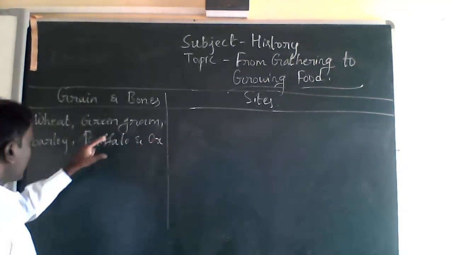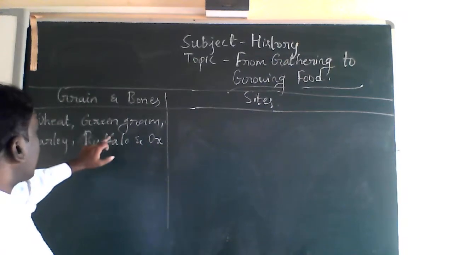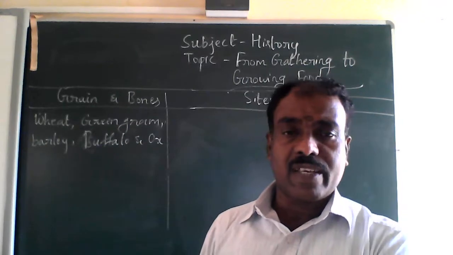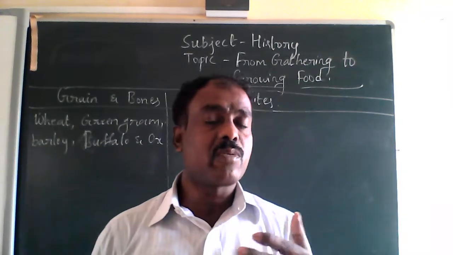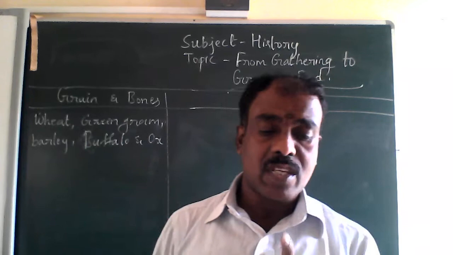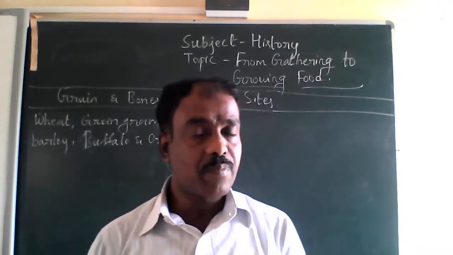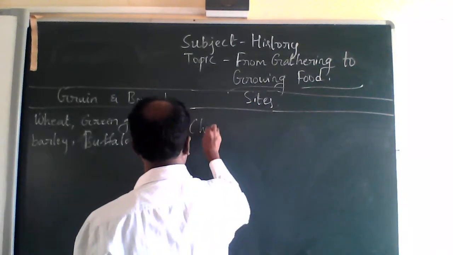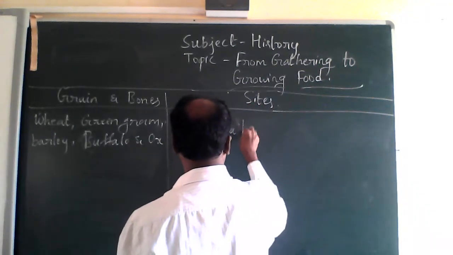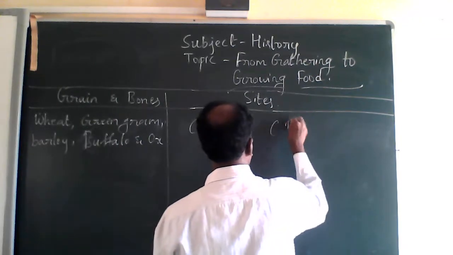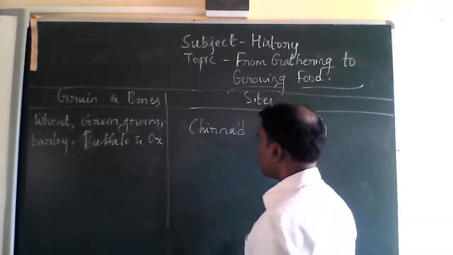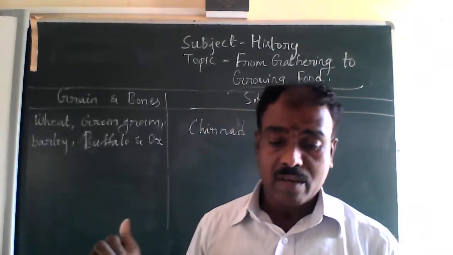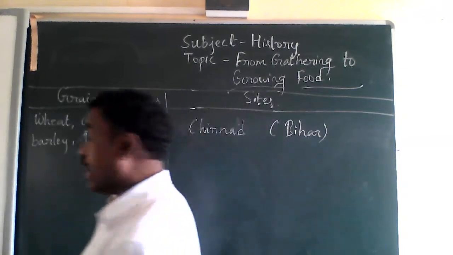See here, these two are new: green gram and ox, which we cannot find at the previous sites. Those were found in Chirand, which is in present-day Bihar.